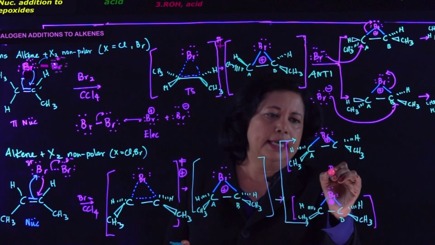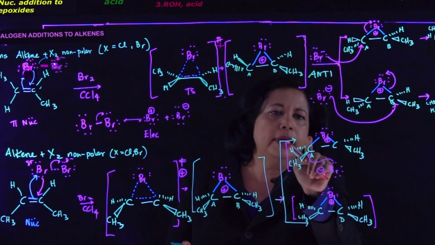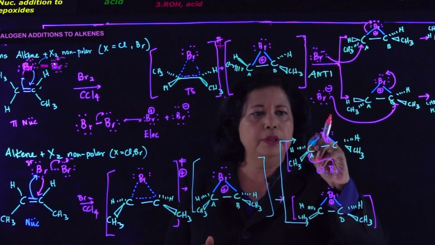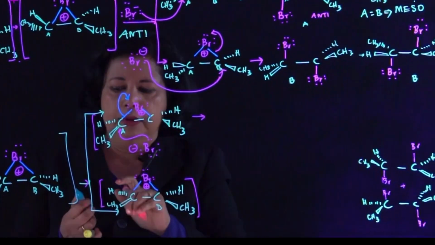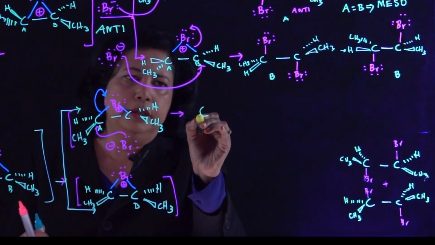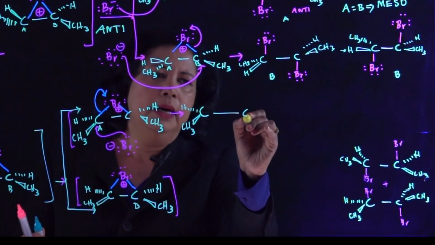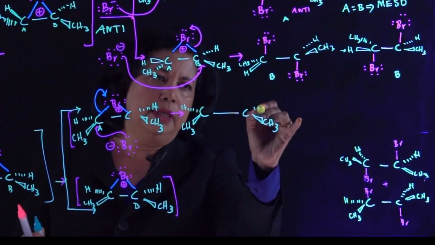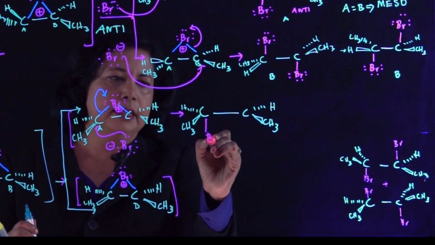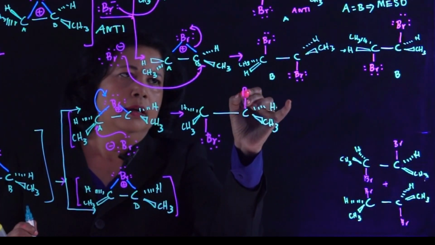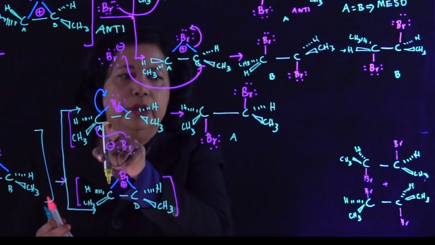Br minus can attack A and pour in here and flip those bonds onto the bromine. That's one possibility. Let's draw that out. So here is a methyl and a hydrogen exactly in the same form. And now you could rotate them because they are sigma bonds, but let's follow our arrows and just draw it the way it is. There you go. So here is A because we attacked on A.